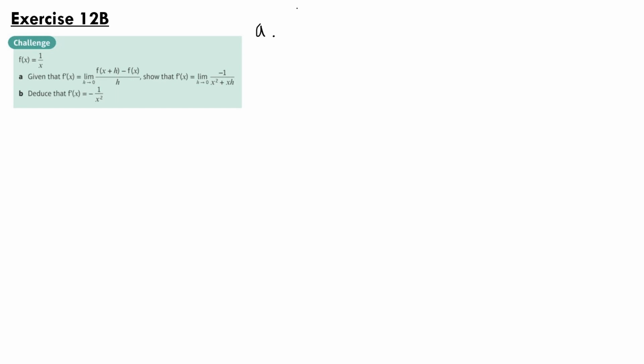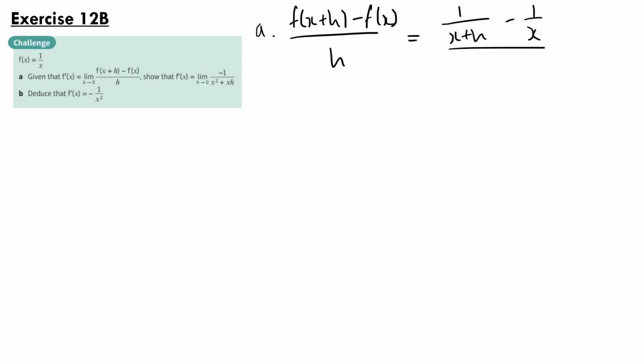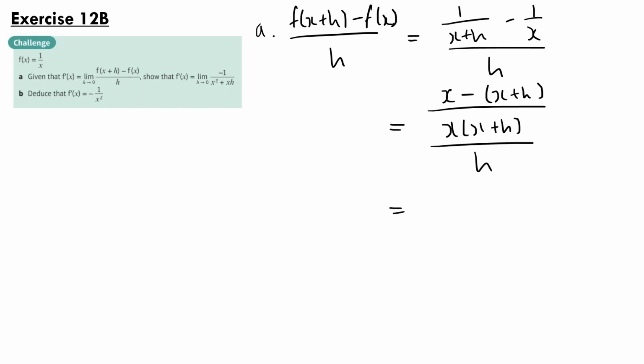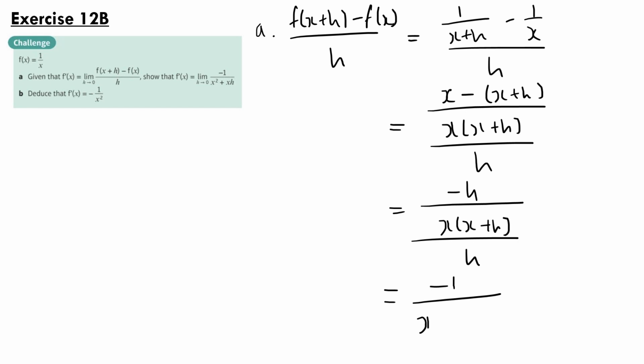So if we first find what [f(x+h) minus f(x)] over h is equal to, we have [1 over (x+h) minus 1 over x] over h, and putting the numerator of this fraction over a common denominator, we have [(x minus (x+h)) over (x(x+h))] all over h, and so we have minus h over (x(x+h)) over h, and therefore we have minus 1 over (x squared plus xh), expanding out brackets on the denominator there.